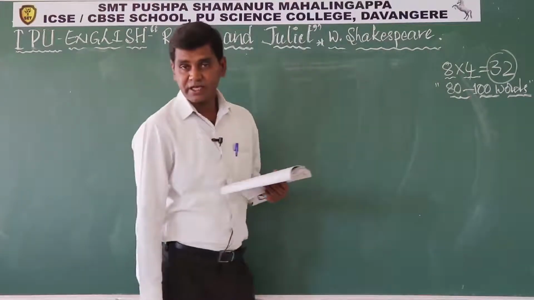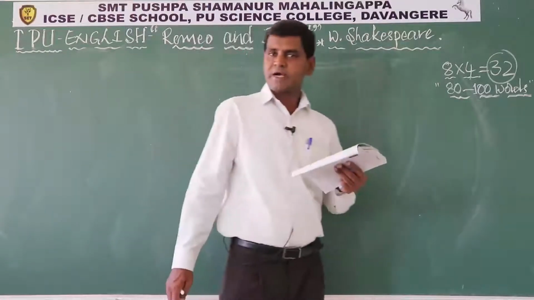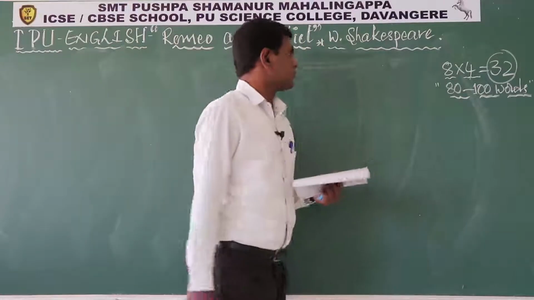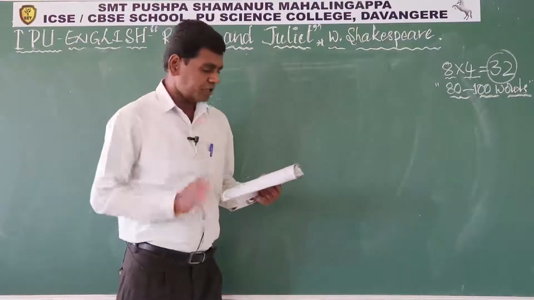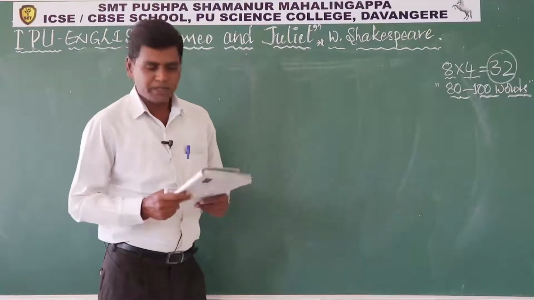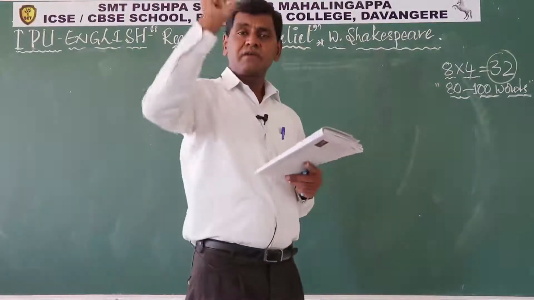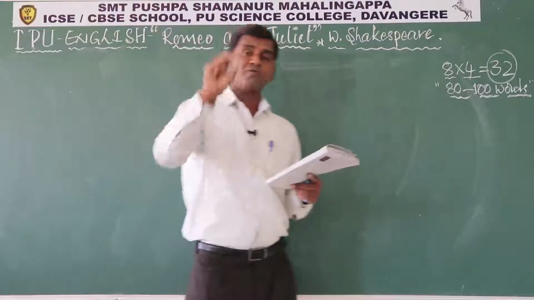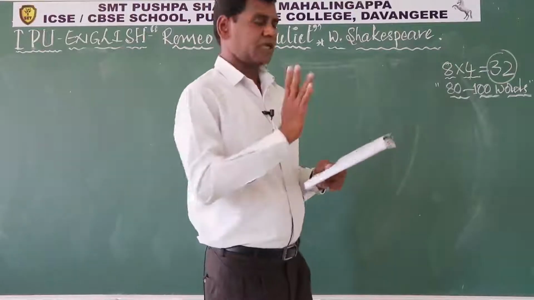That's how he was celebrated, and that's how he is read by most of the people across the world, globally. So you have to concentrate a lot on each and every phrase, image, symbol, metaphor, or other forms of poetry that Shakespeare uses here.